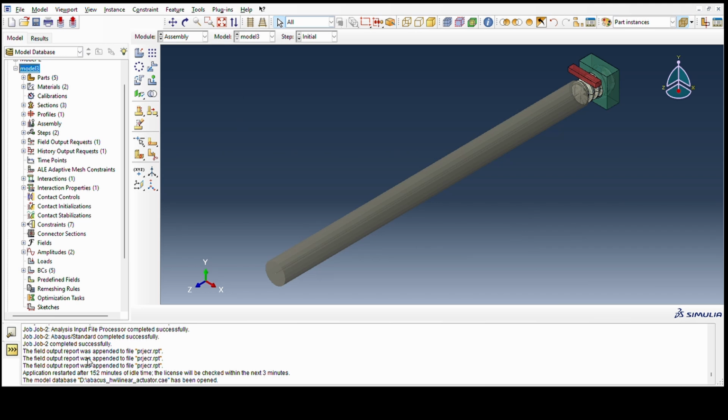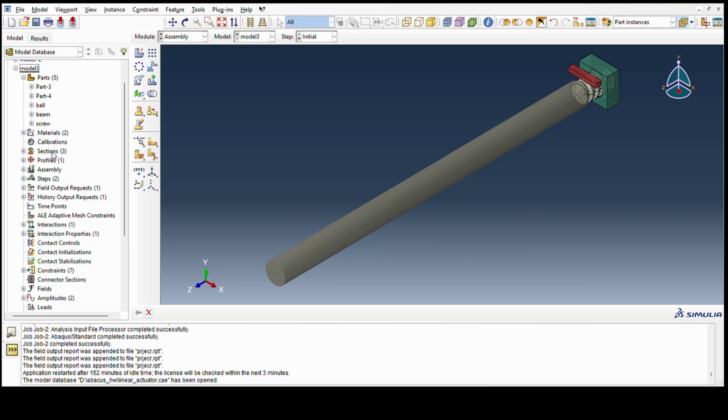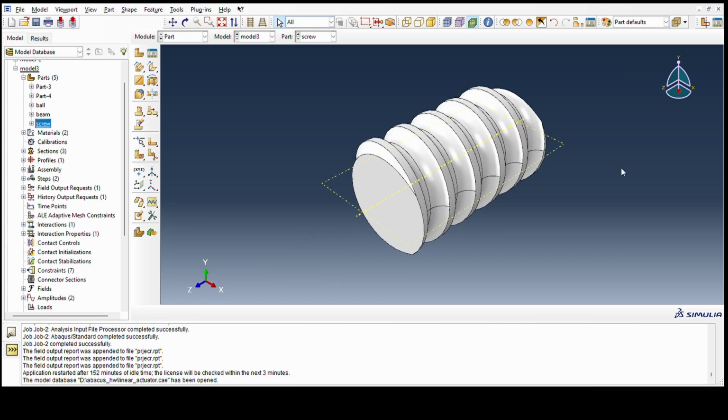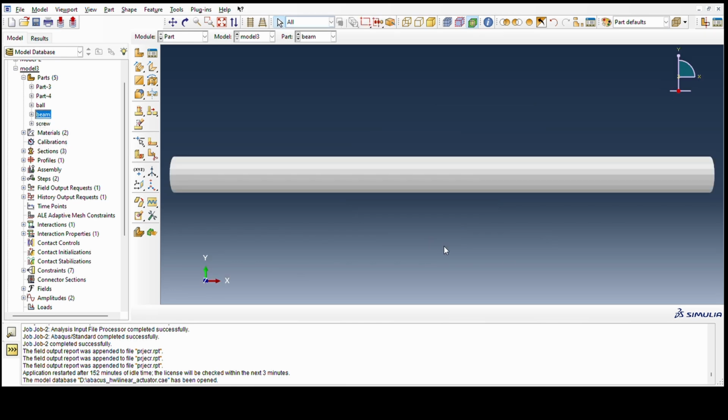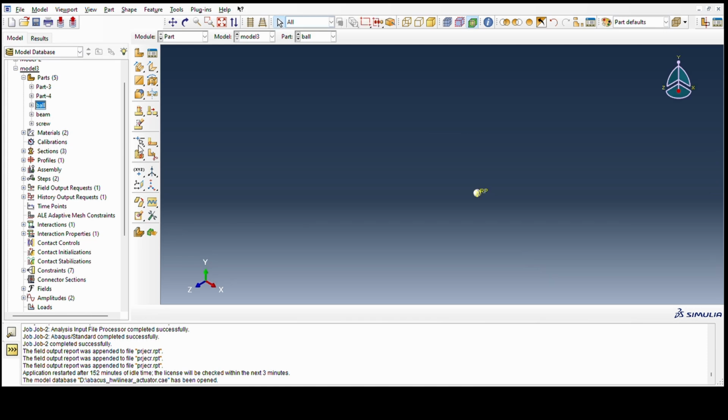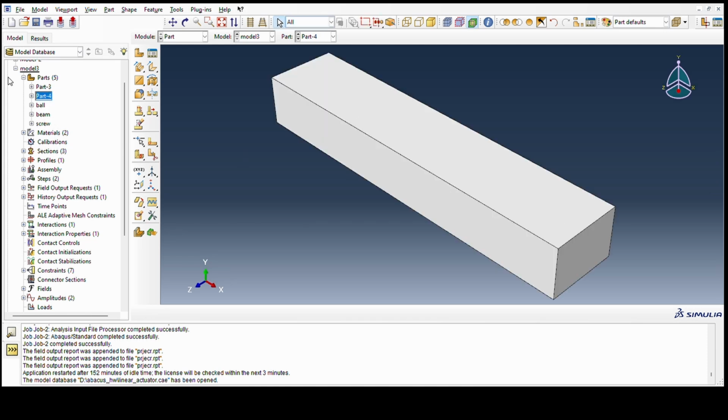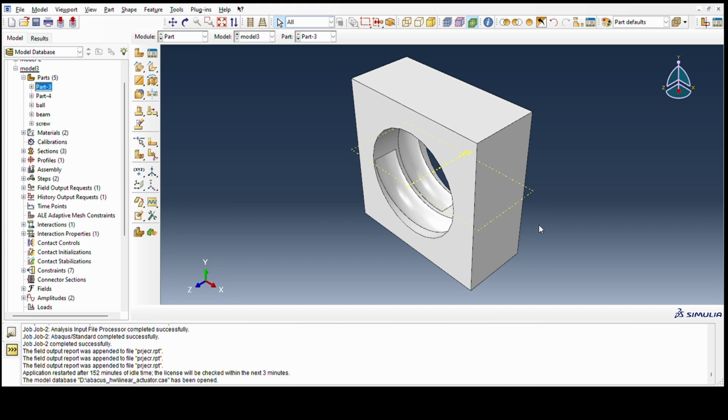By simplifying this model, there are five parts in total. This is a screw. The total length of the screw is just 25 mm with the same diameter and pitch, and there is a beam element for the remaining 575 mm, and the same ball that we had in the previous model, and the housing as in the previous model but with a reduced number of revolutions, so that we'll be reducing the number of balls used here.